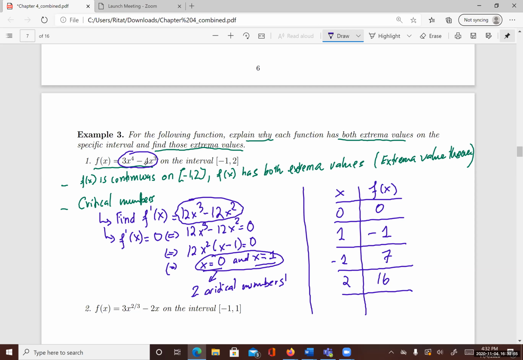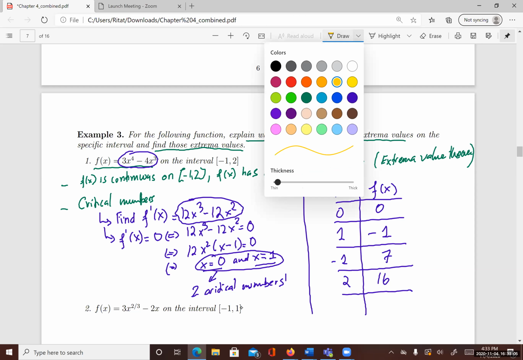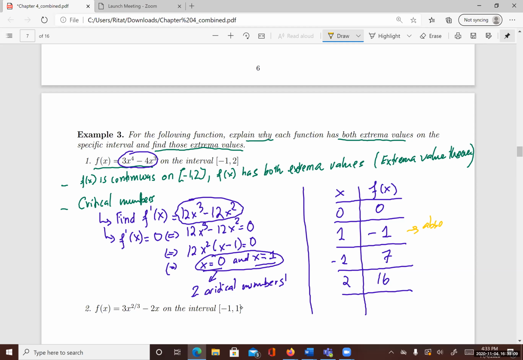Okay. So if you look at these tables here, you can identify right away which value is the absolute maximum value and which is the absolute minimum value. -1 is the absolute min, right? 16 is the absolute max.